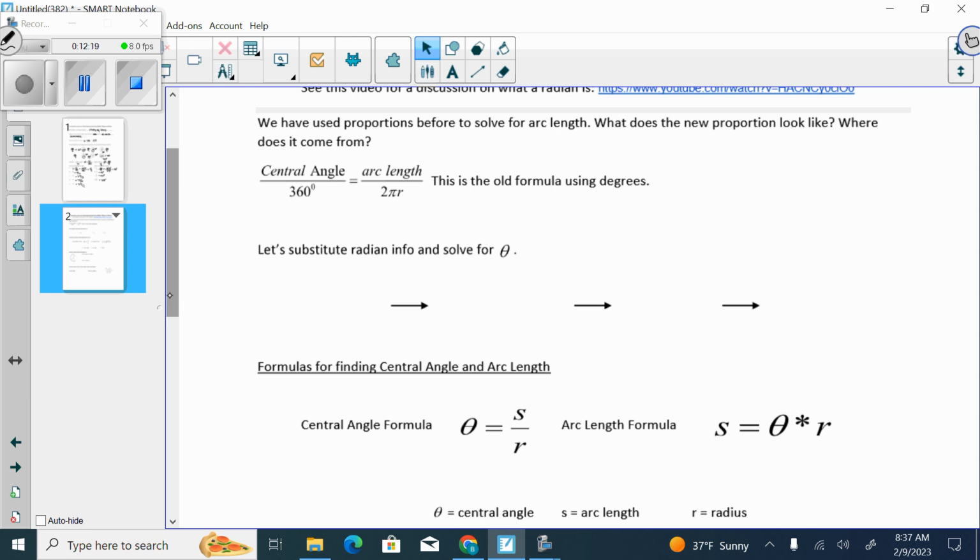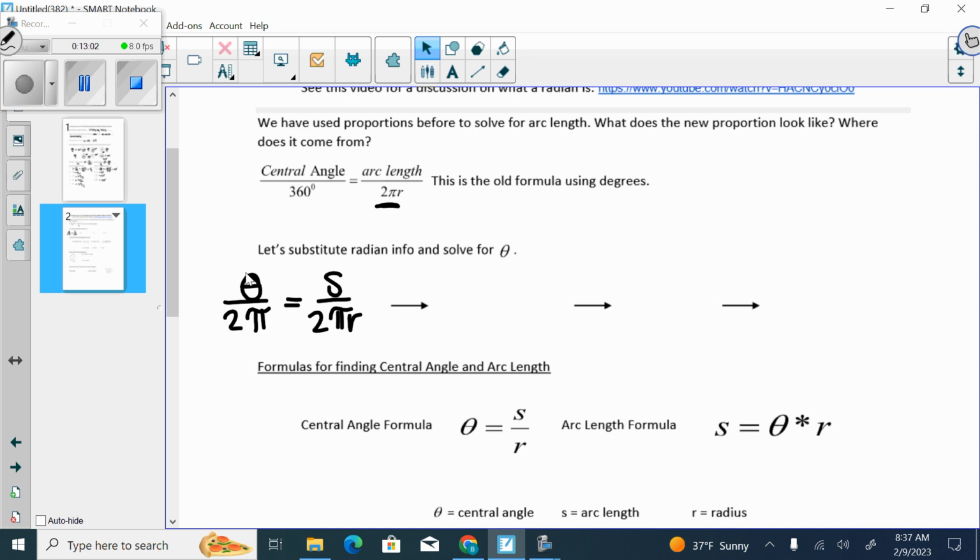All right, so it says, let's substitute radian information for theta, okay? So if theta is my angle, then I am now going to have theta over, instead of 360 degrees, how many terms of pi did we say was a full 360 degrees on the front page? 2 pi. So it'll be theta over 2 pi is equal to our arc length, we'll call that s, over that 2 pi r from the formula here.